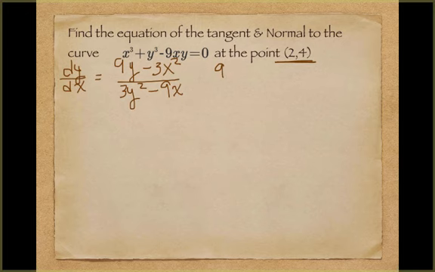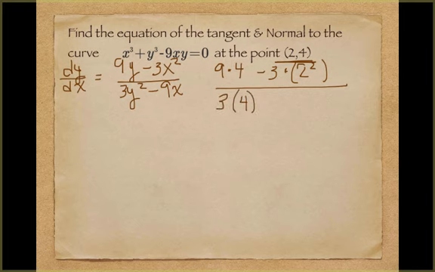So I have 9 times 4 minus 3 times 2 squared, all over 3 times 4 squared minus 9 times 2.